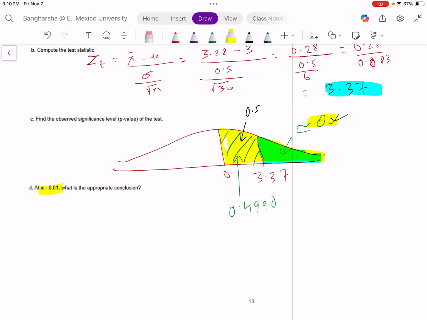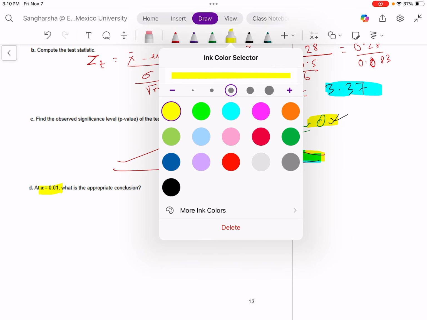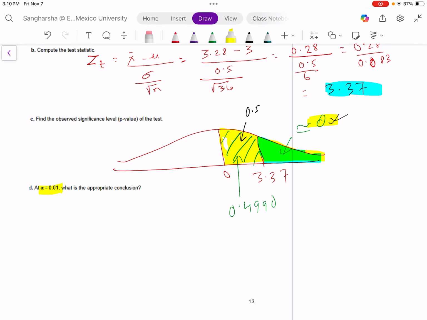It means this green region is in the rejection region, so we reject our null hypothesis, because the p-value is less than alpha, which is 0.01.